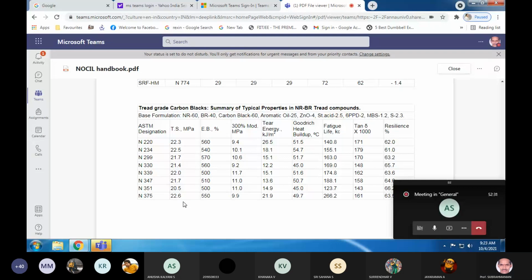In combination with other hydrocarbon rubbers like NR and SBR, it gives the best abrasion resistance. The carbon black added is 60 parts, oil is 25. And what is the accelerator? Morpholine sulfonamide, MBS, morpholine benzothiazyl sulfonamide. Sulfur is 2 parts.